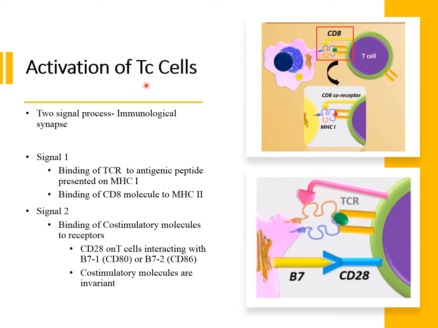The activation of T cytotoxic cell is also a two-step process similar to that of activation of T helper cells, but the first signal is different as compared to that of T helper cells.